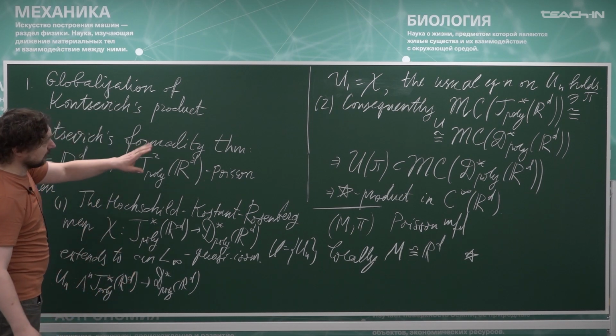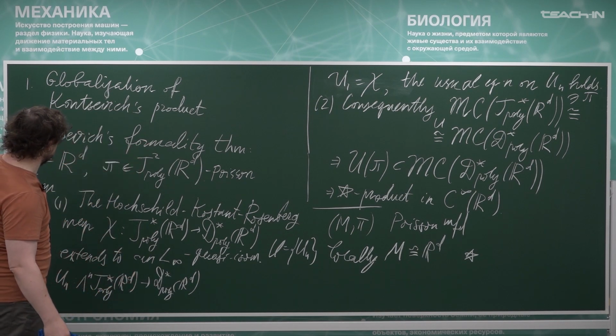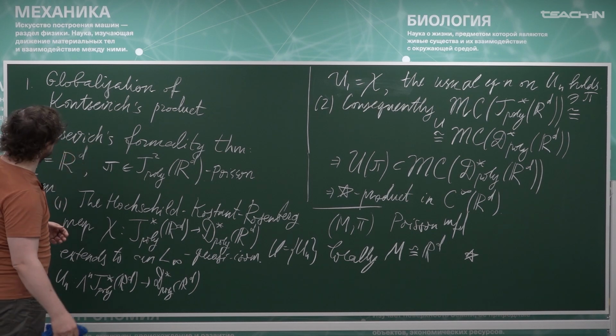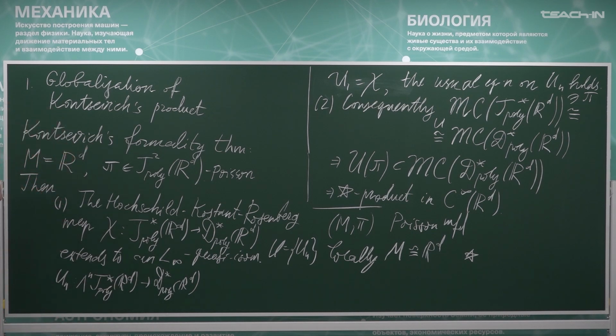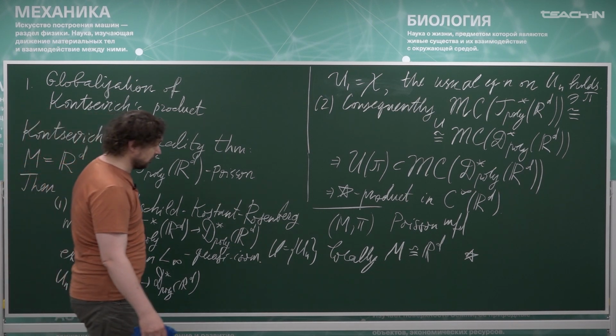So the second part follows from the first part, and this first part appeared as a brief observation, not very brief, but just a couple of pages long, in Kontsevich's original paper in 1997.